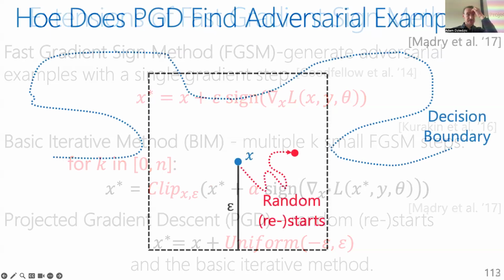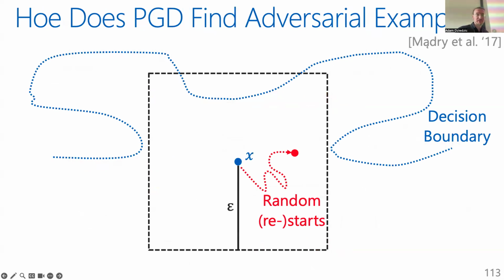So how does it work? We just do random restarts. If we're stuck in a local minimum, then we just restart with this uniform noise addition. Then we can follow a different trajectory to find the example x which is adversarial, from a different class, but still stays within the epsilon ball.